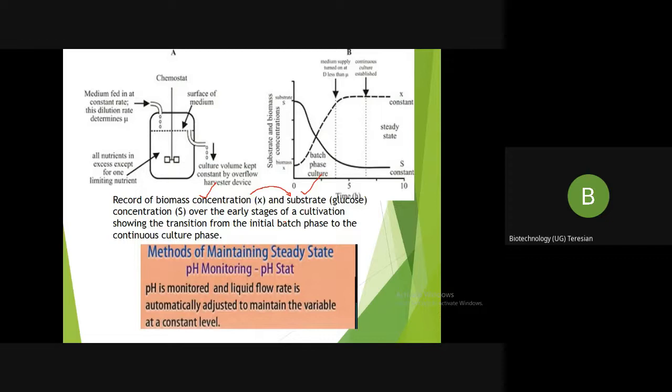They should be kept constant at an optimal level. The pH and the temperature are monitored, and the liquid flow rate is automatically adjusted to maintain the variable at a constant level. So you have to maintain a constant level of pH and temperature, all of this.